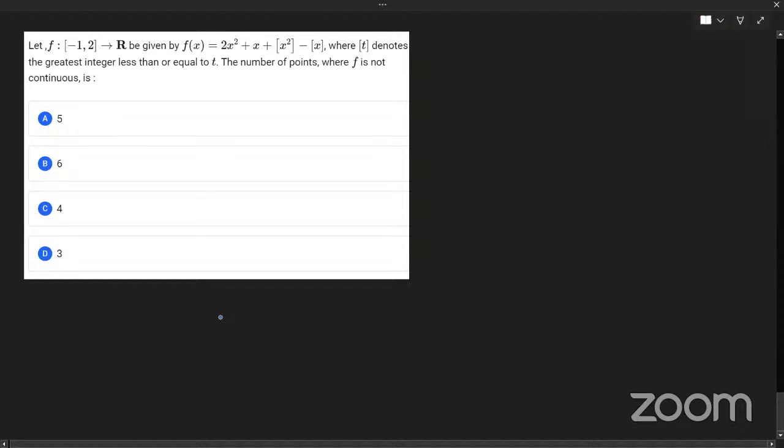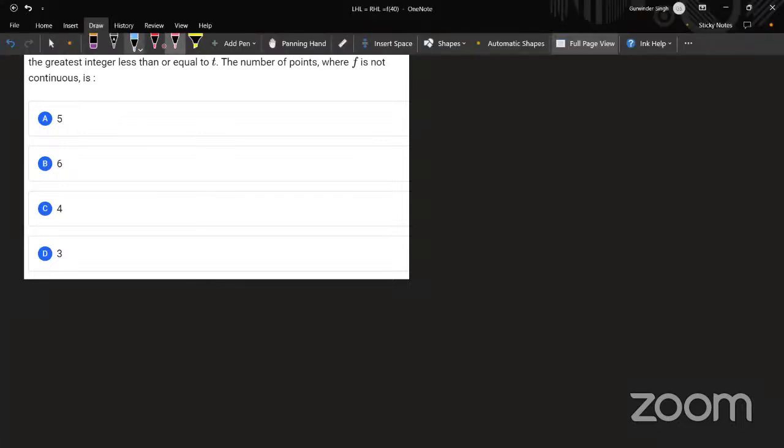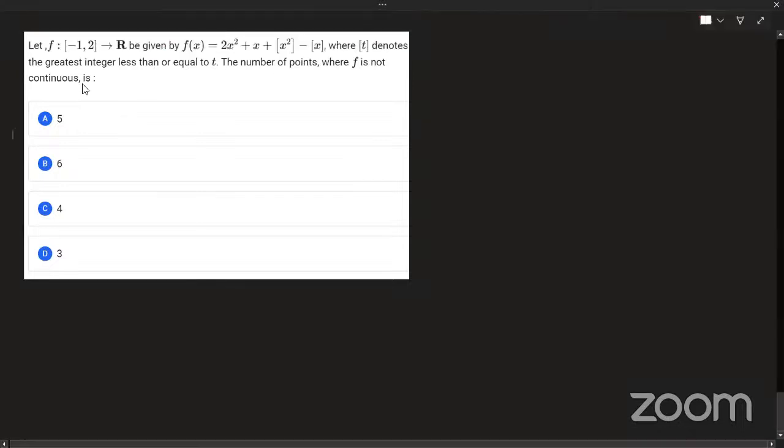Great. So I hope this question is visible to you. So you have got f, its domain is [-1, 2]. So can anyone quickly tell me, are -1 and 2 included in this or not?